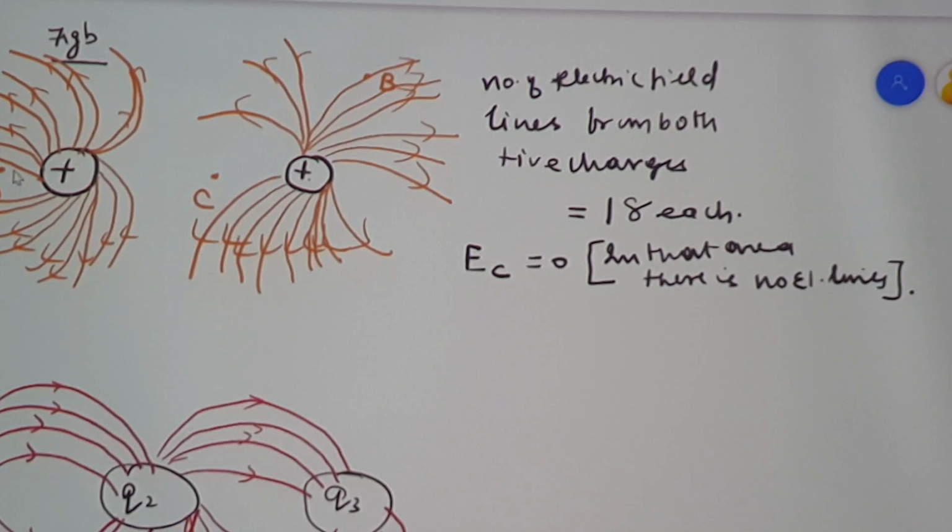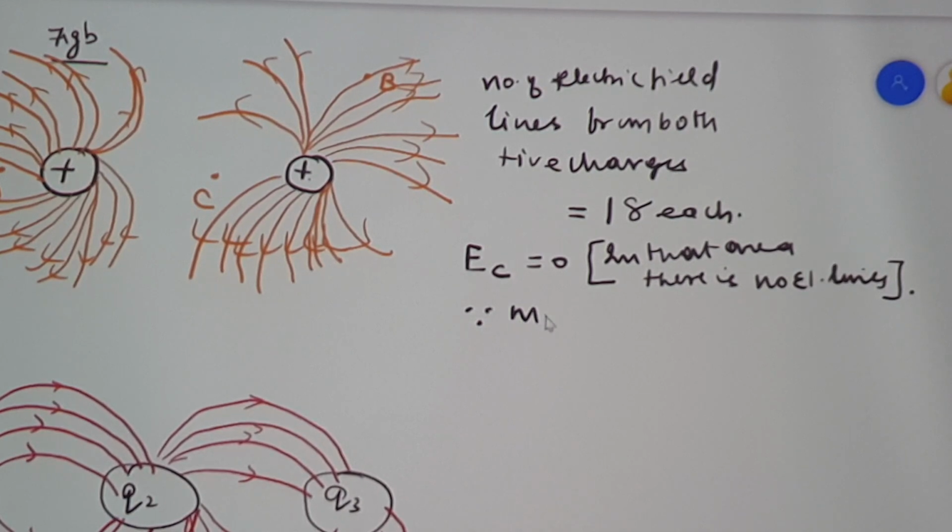When you are considering A and B, A is said to have more lines crossing over than B. Just look at the diagram in your book also.